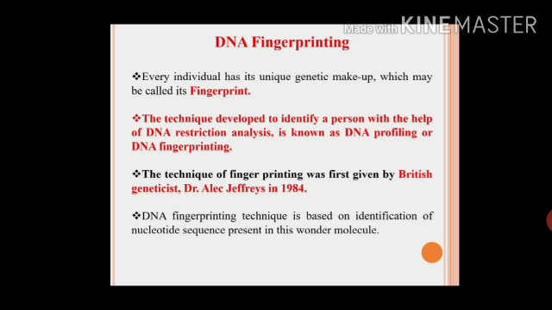Due to recombination of paternal and maternal genes, we differ from our parents. These differences also arise due to infrequent mutations which occur during gamete formation. Due to all these factors, every individual has a unique genetic makeup, which may be called a fingerprint.